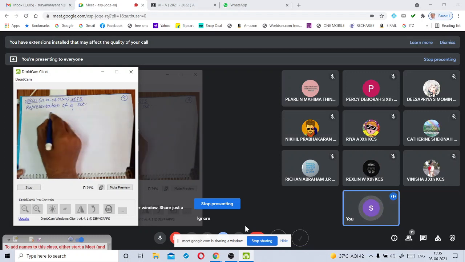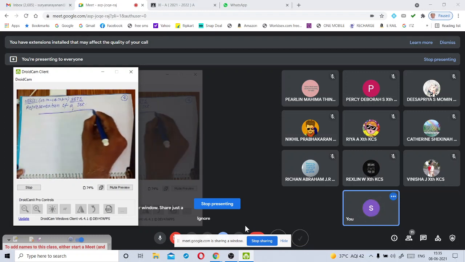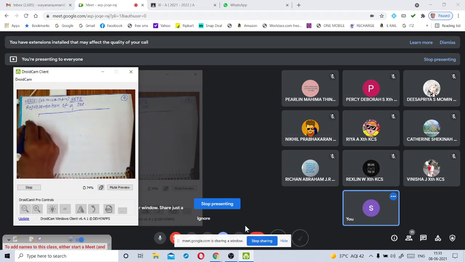The two methods are roster form, which is also called tabular form.